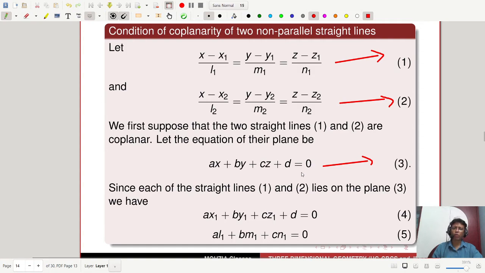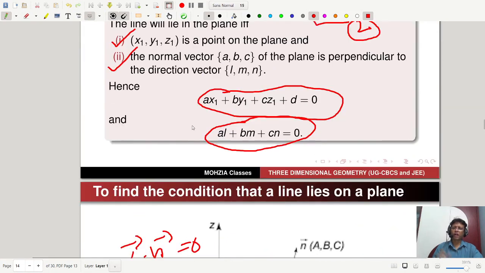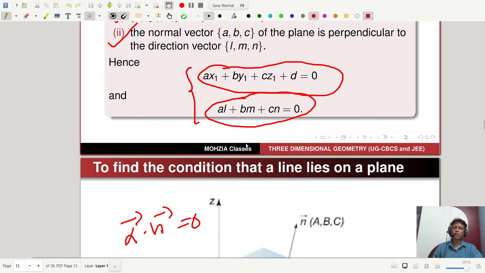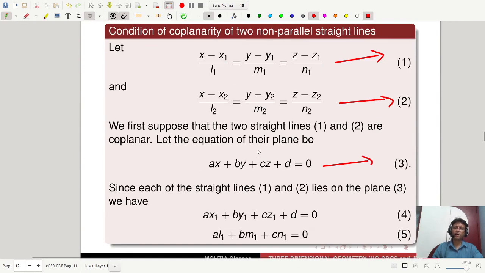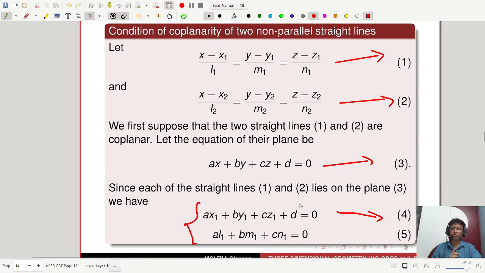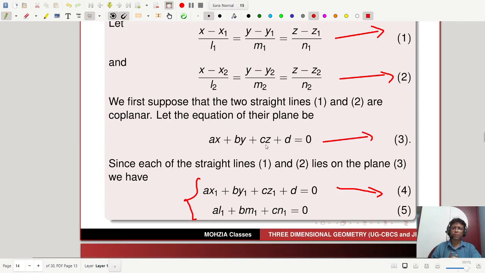Now, we have already learned what the conditions are for a line to lie on a plane. So I will apply them here. If the first line lies on the plane 3, then you have these two equations, equation 4 and equation 5. That is, the point x1, y1, z1 satisfies the equation of the plane, and the dot product of L1, M1, N1 and A, B, C is 0.